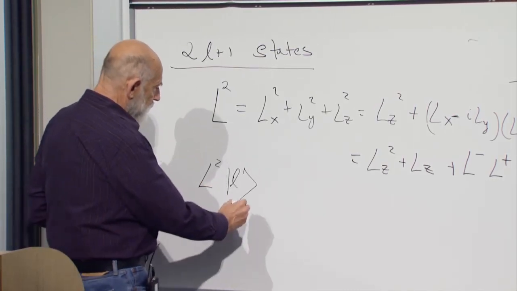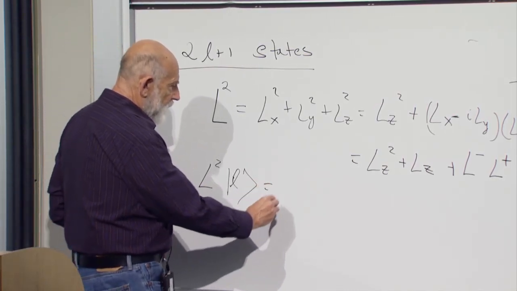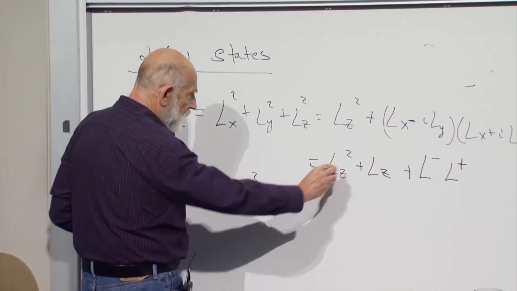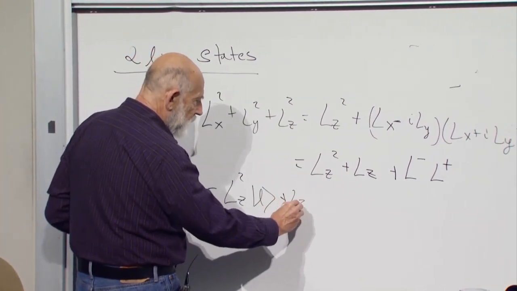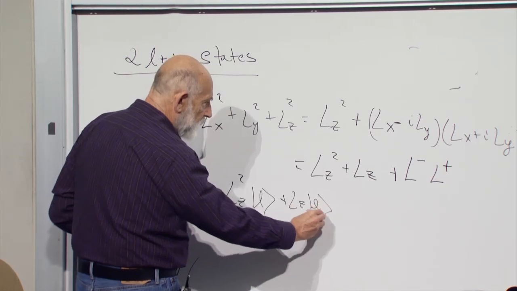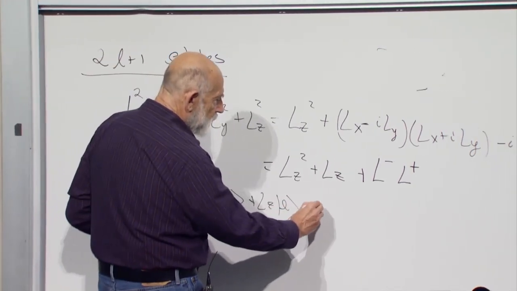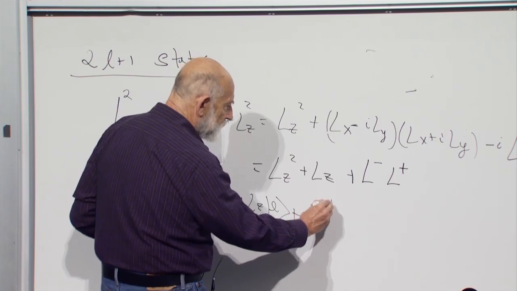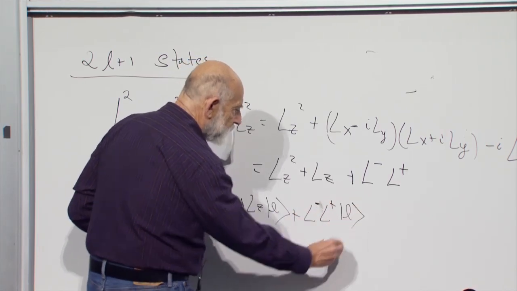What do we get? We get Lz squared on l plus Lz times l plus L minus L plus times l.